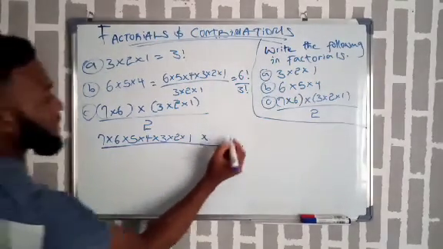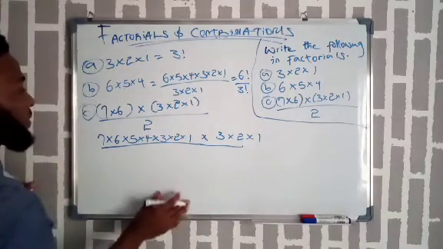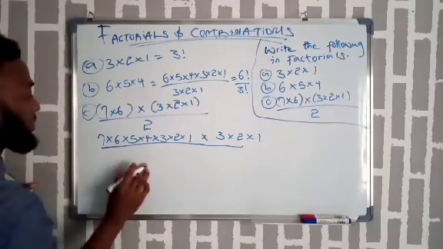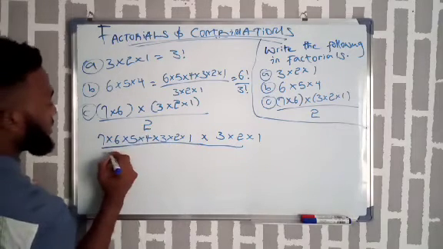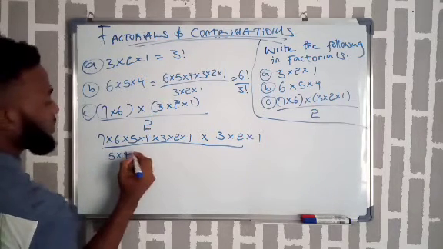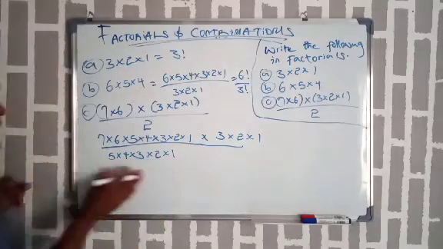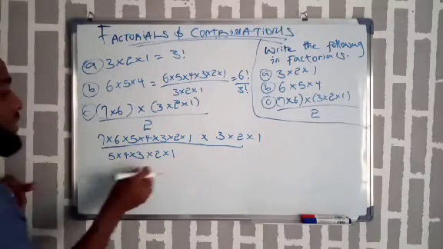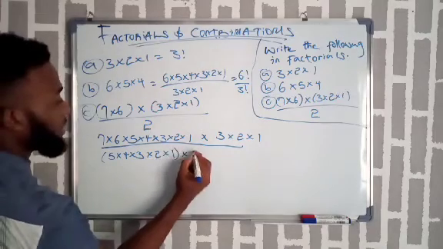Now multiplying another 3 times 2 times 1. Now that means the underneath now can be just from here to here, which is 5 times 4 times 3 times 2 times 1. Yeah. It actually was the thing that cut out this. Then times this 2.